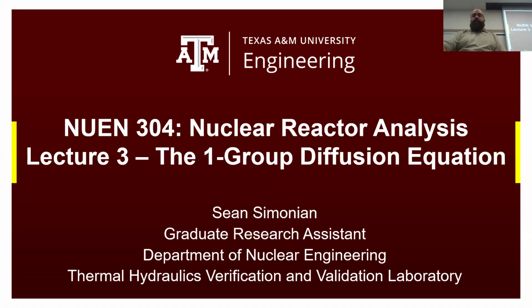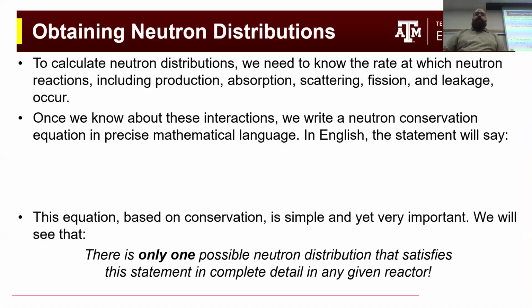Today, we are going to talk about developing the one group diffusion equation. Up until this point, we have seen a bunch of terms, quantities and equations, and we want to start using what we've learned to start obtaining neutron distributions.